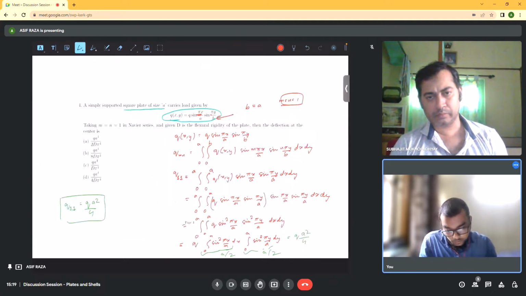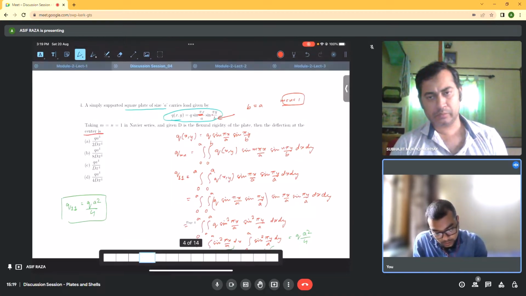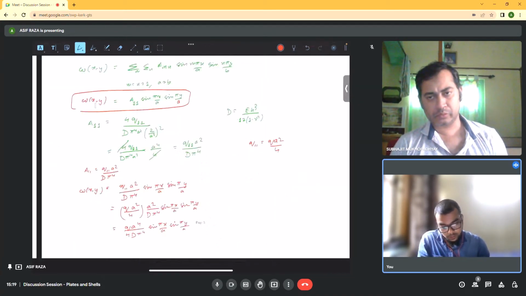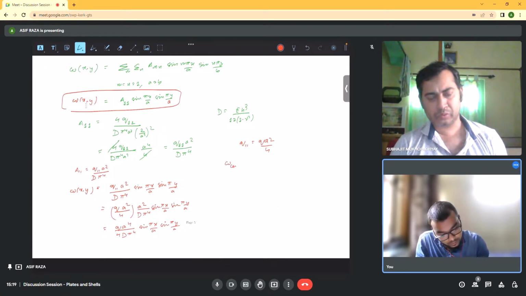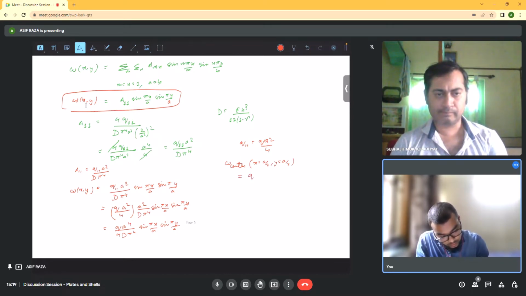So we need to find the deflection at the center. To find the deflection at the center, just substitute x equal to a by 2 and y equal to a by 2 in the equation, and what do we get: q a to the power 4 by 4D by 4. This sin(pi by 2) gives me 1, this will also give me 1.